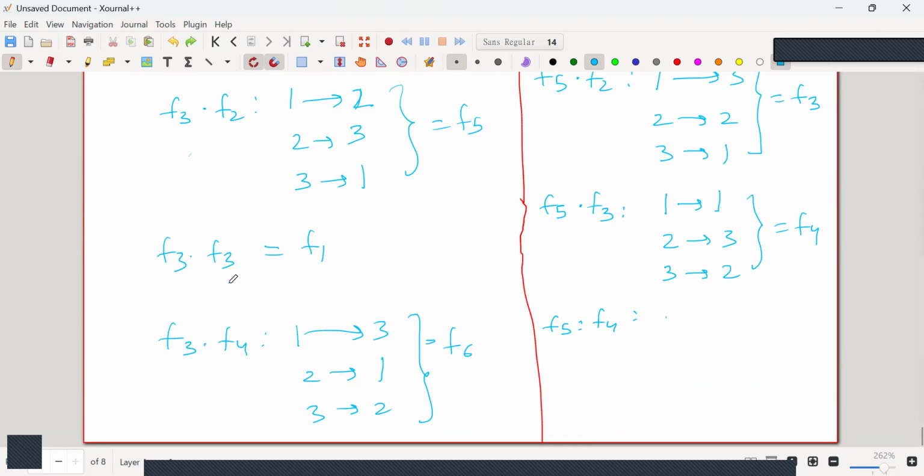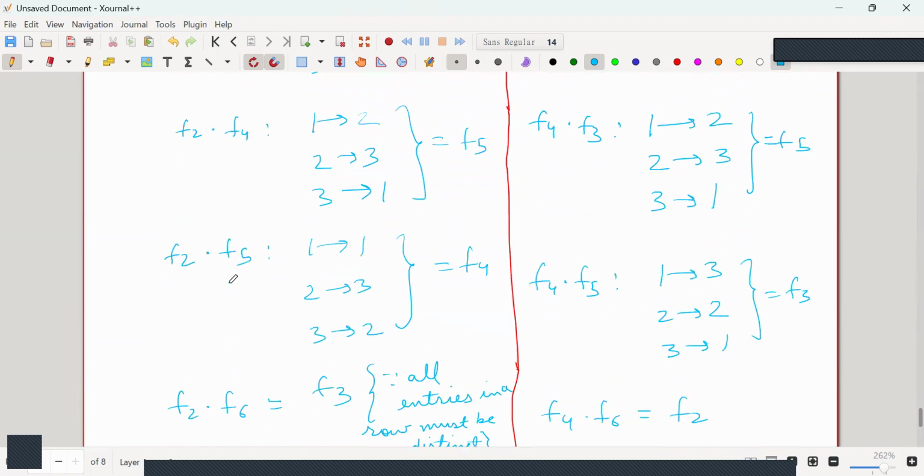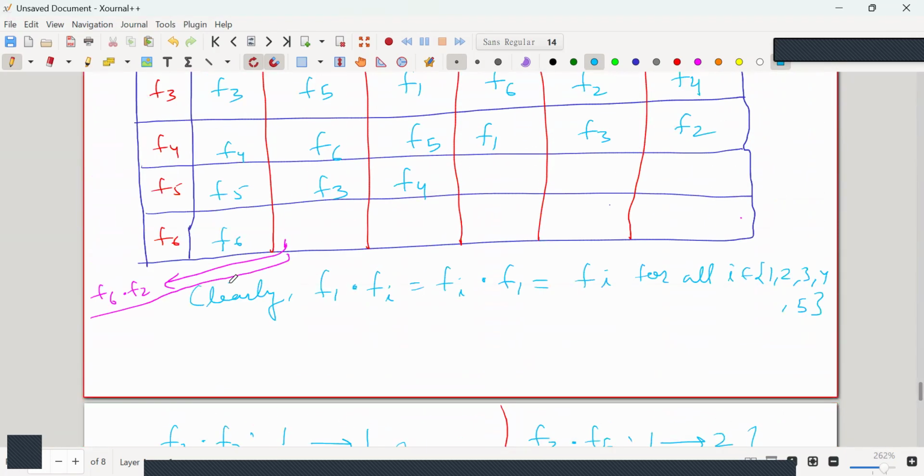So F4 fixes 1, but F5 maps it to 2, and then for 2, F4 maps 2 to 3, and then F5 maps it to 1, and then F4 maps 3 to 2, and then F5 sends 2 to 3. So this is F2. Okay, so this will be F2.